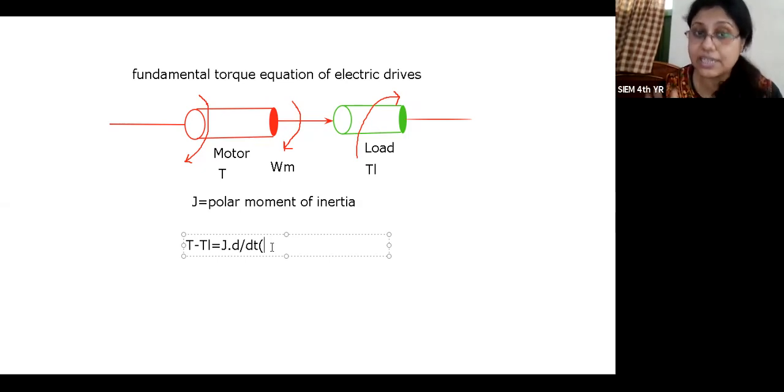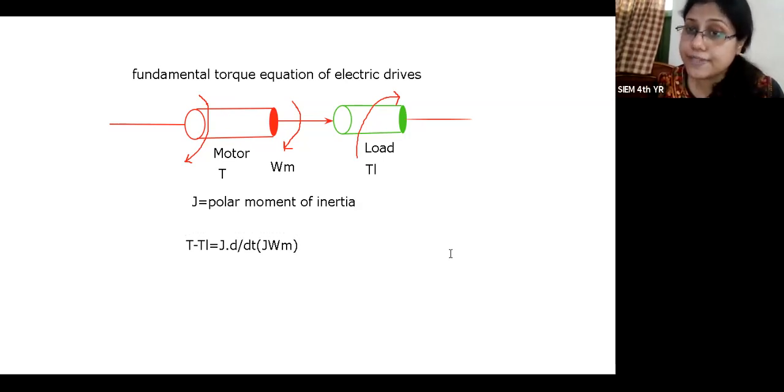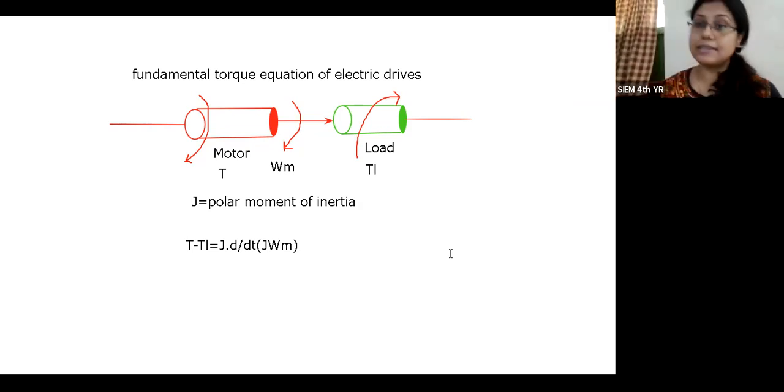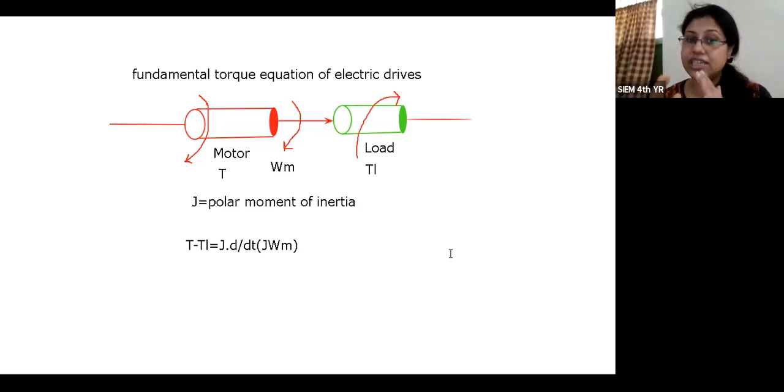I'm just representing J into d/dt of omega m. So motor torque minus load torque is equal to d/dt of J into omega m.